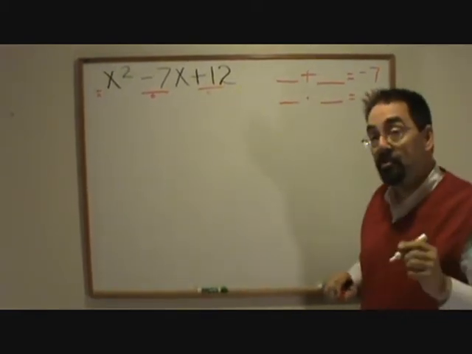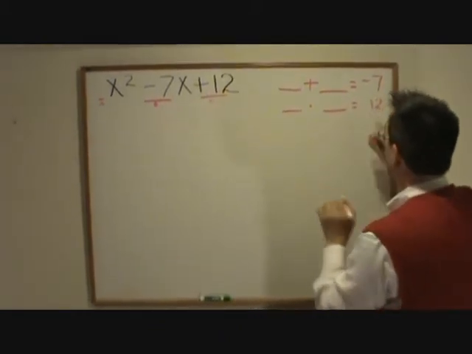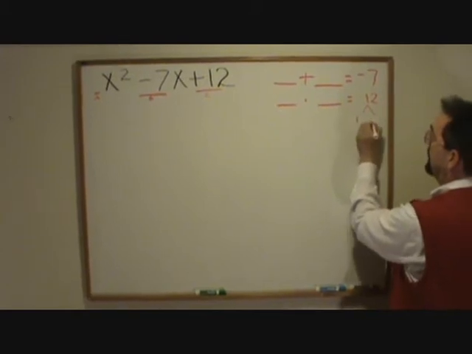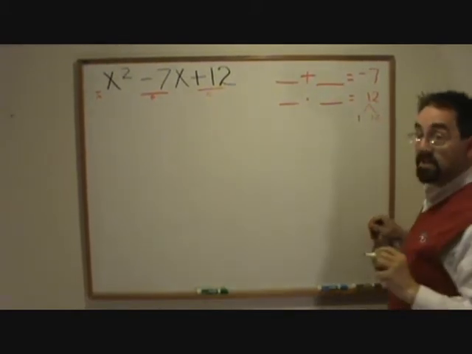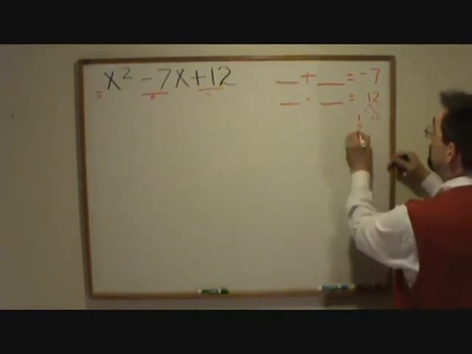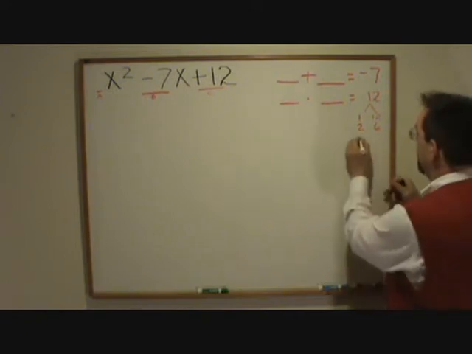In order to do that, let's start a factor tree for the number 12. First thing we can do is go 1 times 12. The second thing we can do is go 2 times 6. 3 times 4. Good job.